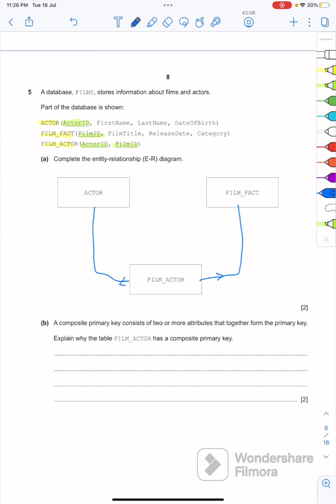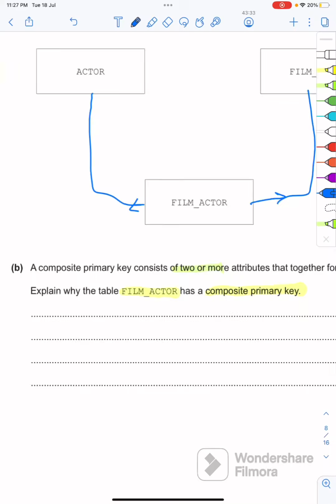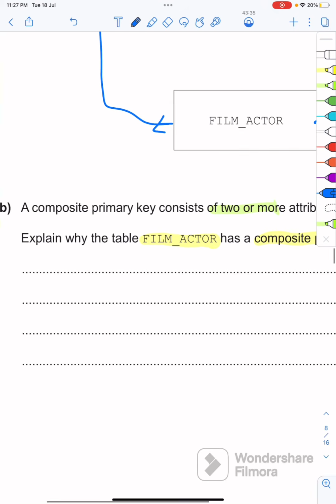That's all. A composite primary key consists of two or more attributes that together form the primary key. Explain why the table film actor has a composite primary key. This is some of the database theory that you're going to have to memorize, and I'll note down what is mentioned in the mark scheme.